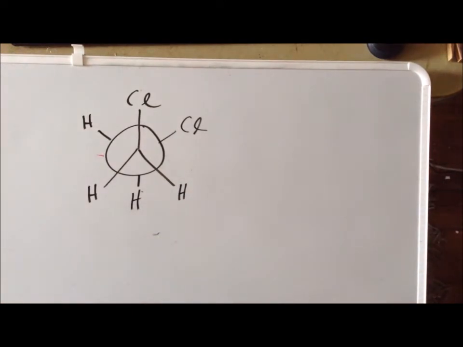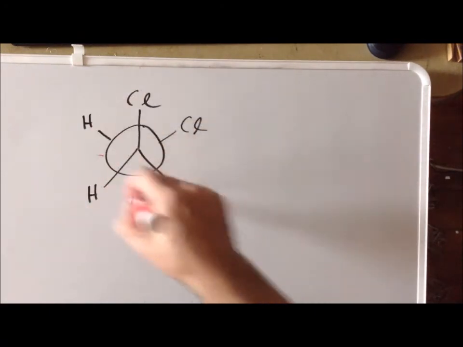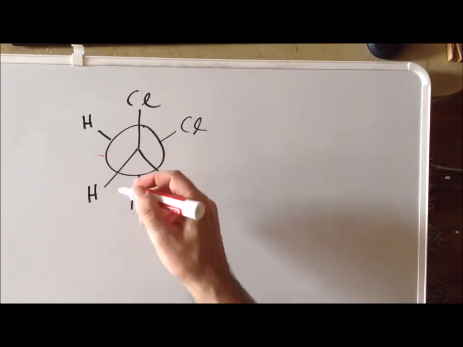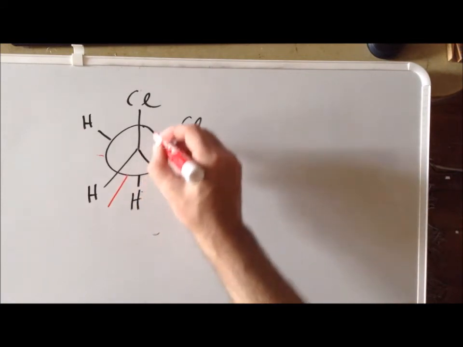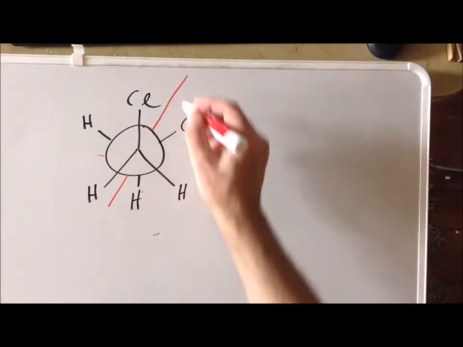This one is somewhat challenging to find the symmetry operations for. And again, if we don't see a C3 in the same axis as the carbon-carbon single bond, typically what we want to look for is a C2 axis that goes between atoms. So if it goes between the hydrogens here and the chlorines here, I notice that if I do a C2 about this axis, it's going to take chlorine to chlorine.